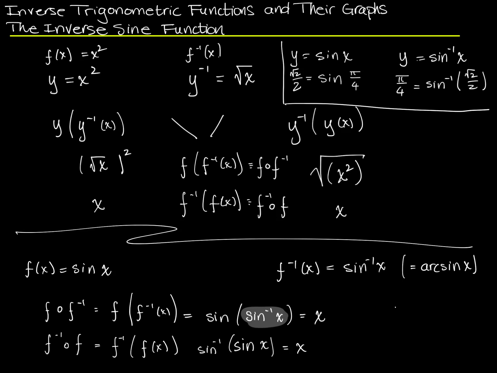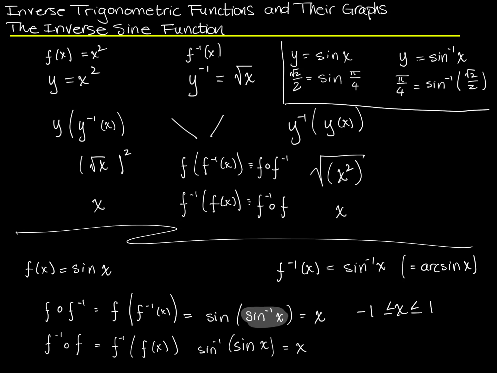But because I know how sine behaves, I know that x is going to be between negative 1 and 1. The answer to this question is some angle, might be small, might be huge, might be positive, might be negative. Whatever that angle is, take the sine of that angle, and the answer has to fall between negative 1 and 1, because sine only goes between negative 1 and 1.